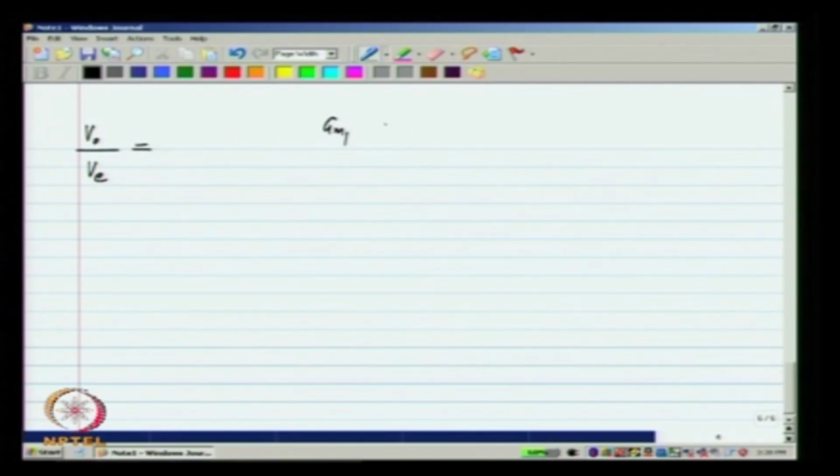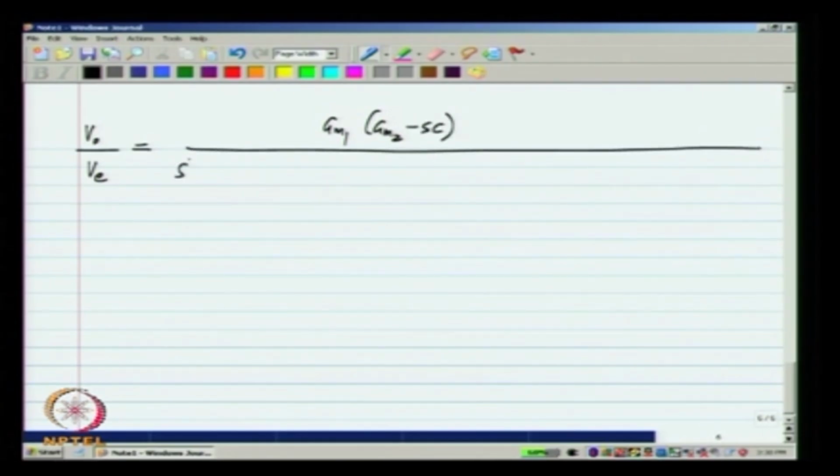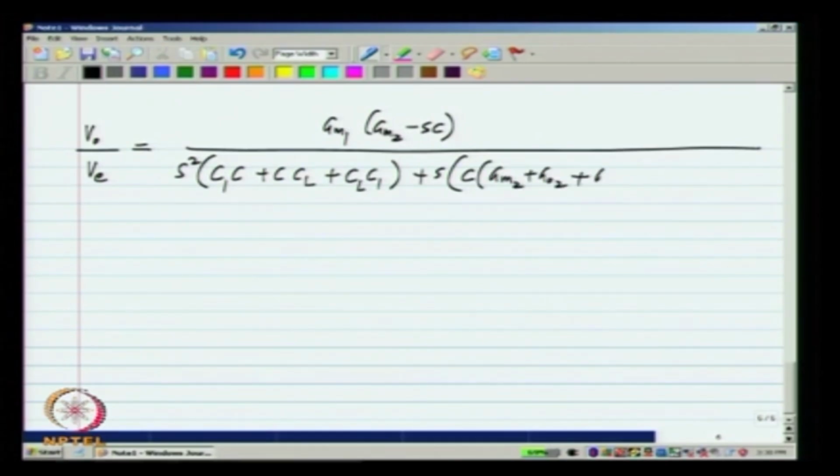This will be equal to GM1 times (GM2 minus sC) divided by the second order term first, C1 CL plus CL C plus C1 C, plus the first order term, plus the constant term. So, this is the transfer function of the op amp. Looks somewhat complicated, but it turns out that we can make intuitive sense of this transfer function as well.